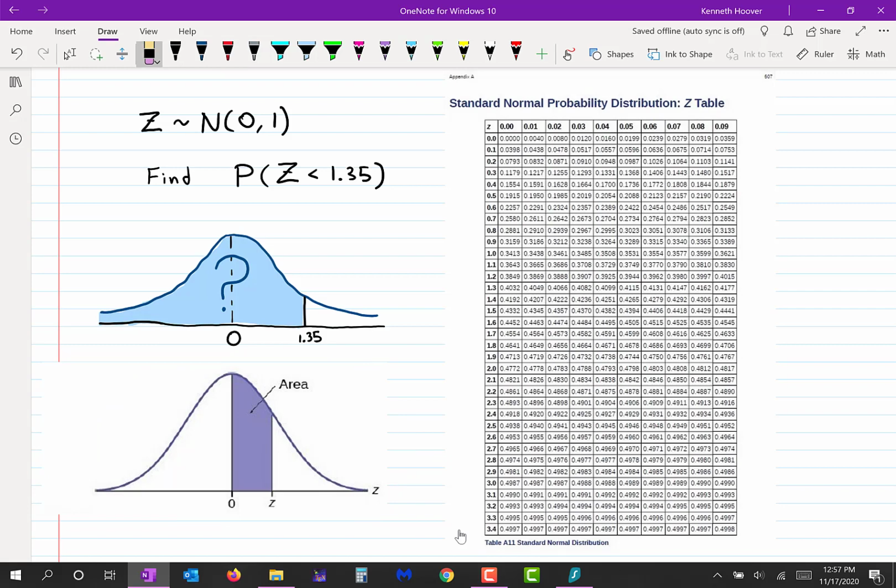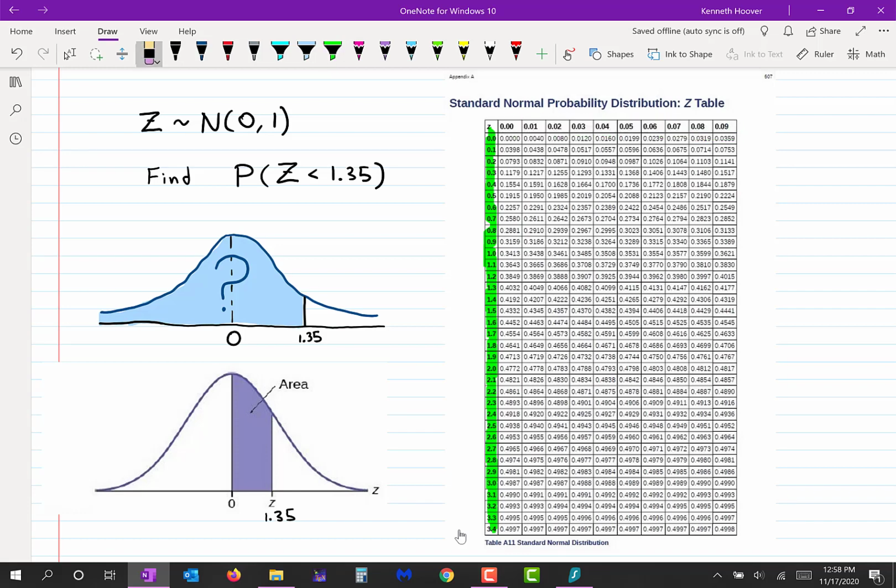So you see this area right here? That's what each of these numbers represents. So what I mean is this. Our value is 1.35. That's what we were asked about. So what you do is you look up 1.35 on the margins here, and here.